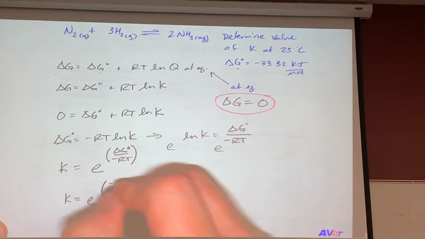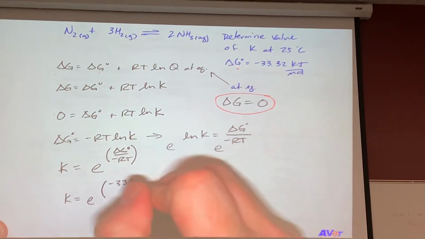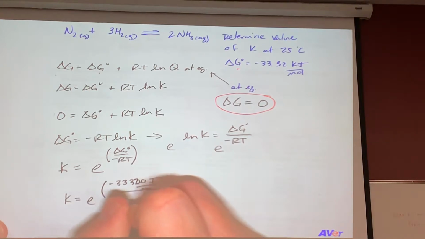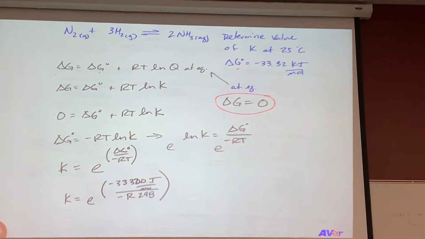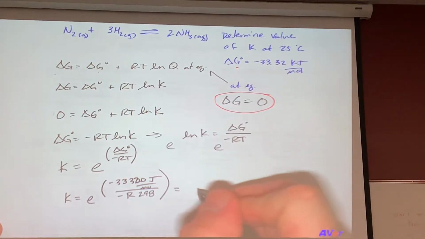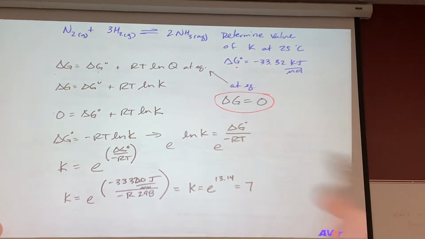e to the, and I'm gonna take this all the way to 33,000. I might can just write negative R times 298, .314 constant. So if you solve this, seven point something times 10 to the 5th.